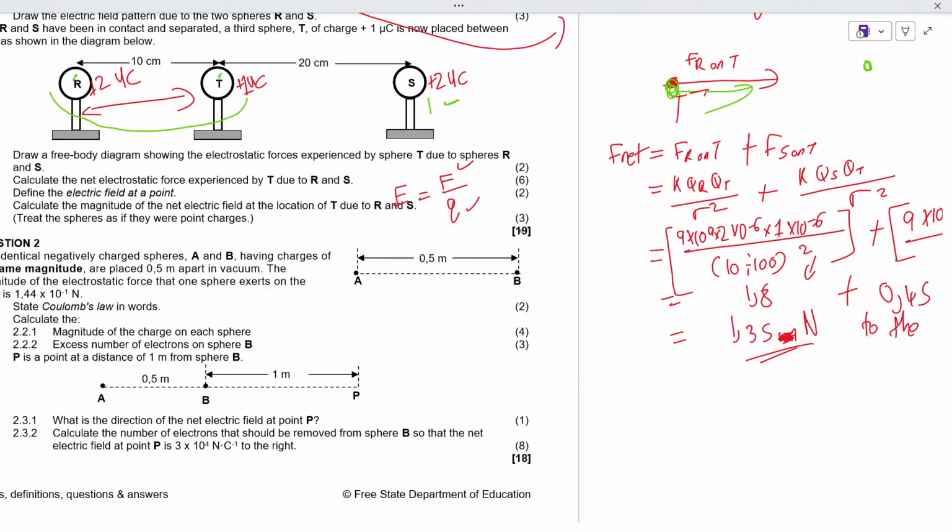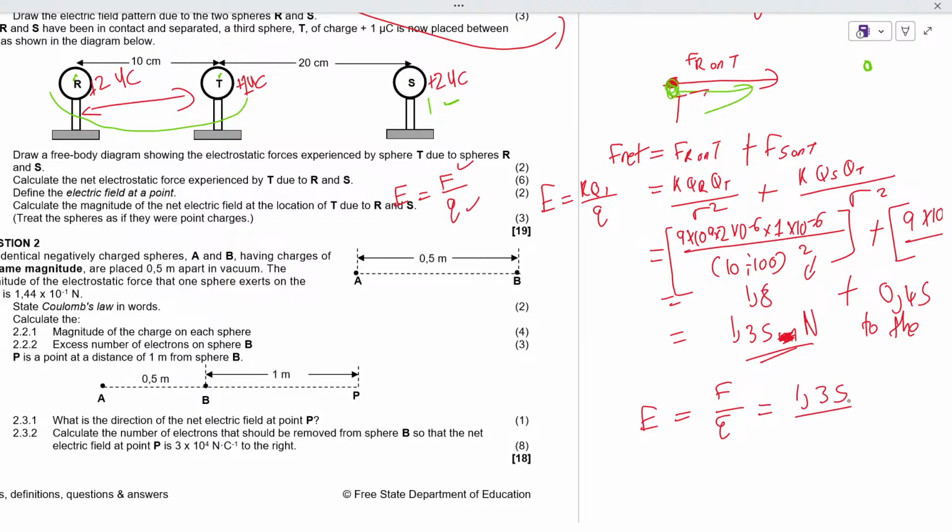There's this one and also this one, KQ1 over r squared. Number one, this first formula. And what are we going to use? We're going to use the F which we got right now, which is 1.35.